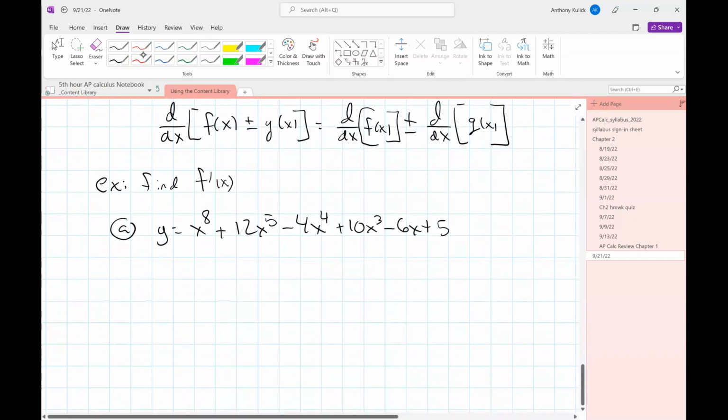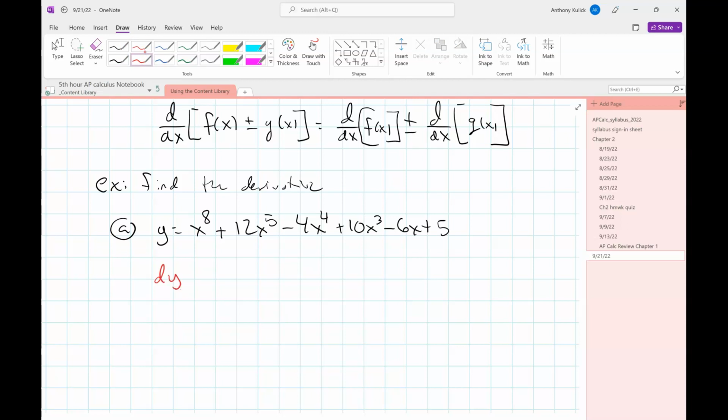Mr. Kulik, what's going on here? I guess I should have said the derivative here because my notations aren't matching. Okay, so I'll say dy/dx is equal to d/dx of the expression, right?